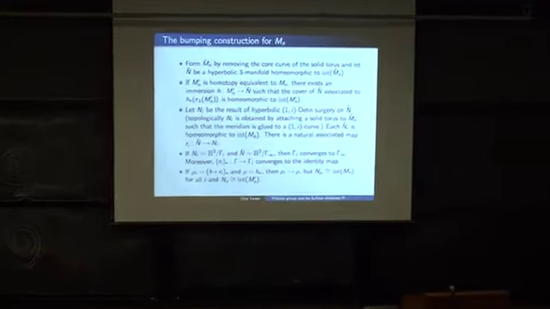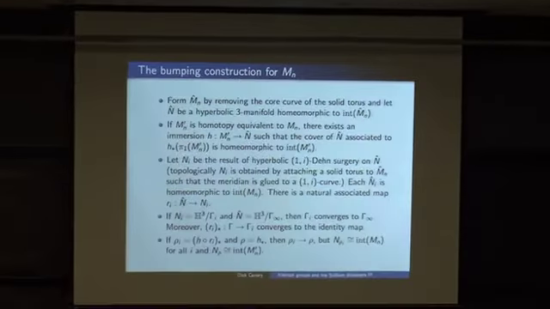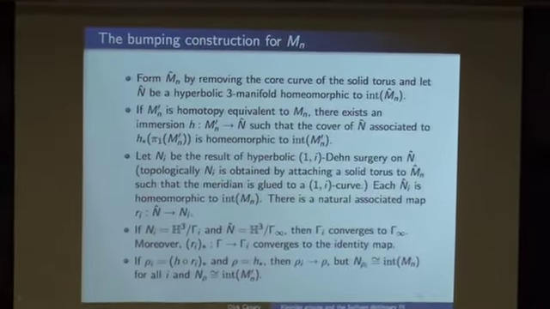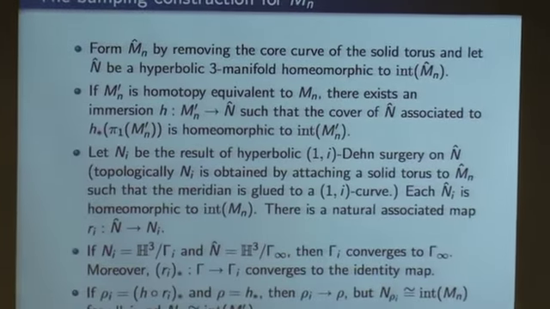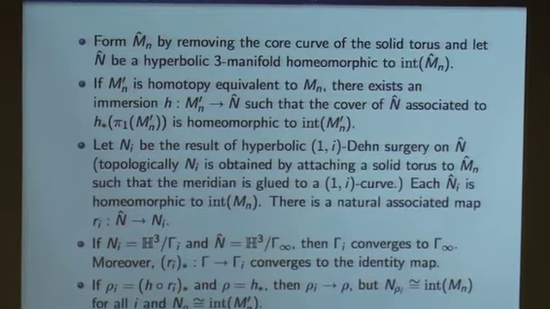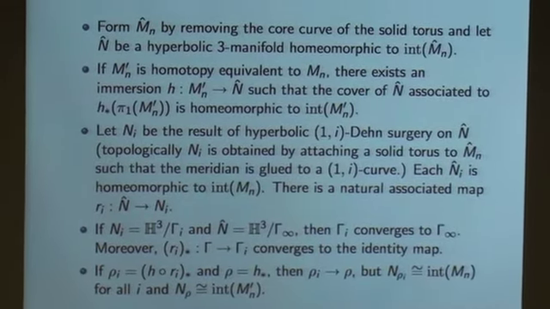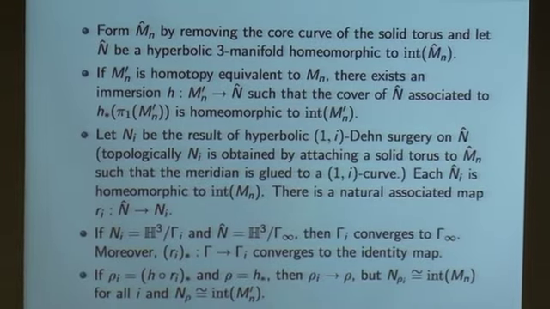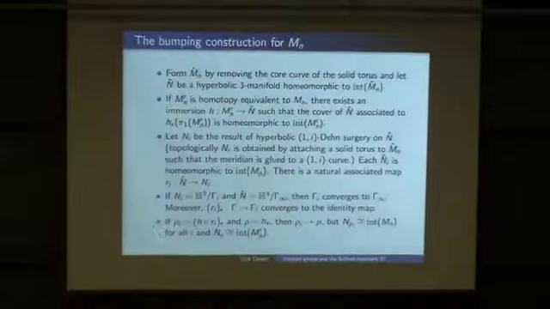Okay, so what does the bumping construction do? We just need pictures, because those words are hopefully just going to guide the pictures. The words themselves probably aren't going to help you that much. So I'm going to use a schematic for this guy.